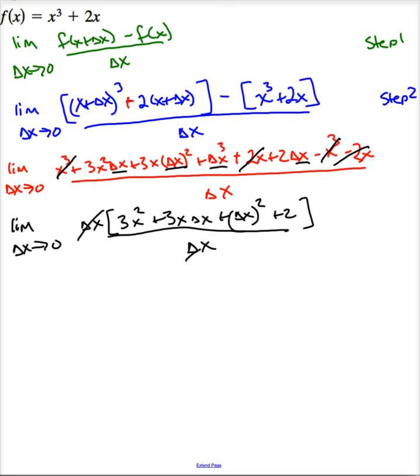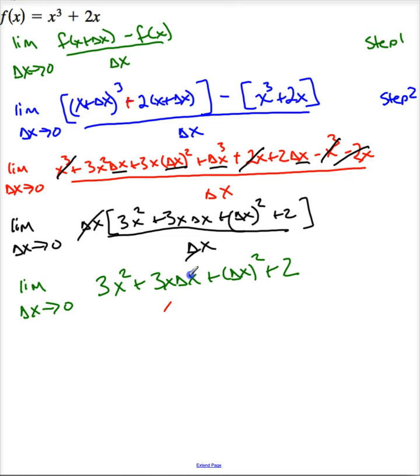The last thing I'm going to do is come up and actually take the limit. So when I do this, there is no delta x in this term. There's 1 here and there's 1 here. So let me rewrite this so you can see what we're doing. I'm left with 3x squared plus 3x delta x plus delta x squared plus 2.